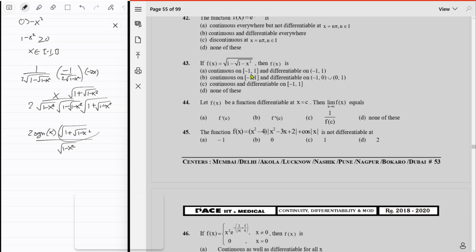This is approaching 2, this is approaching 1, but then signum of x is not approaching anything. It changes from -1 to 1 as it crosses 0, right? So that means at 0 it's not differentiable, because negative of some non-zero quantity and then positive some non-zero quantity, limits don't match. So it's not differentiable at 0.